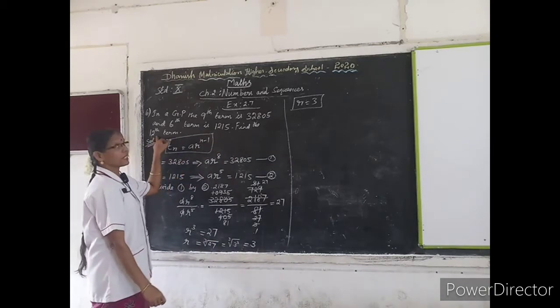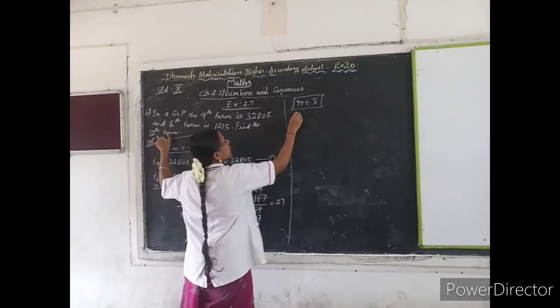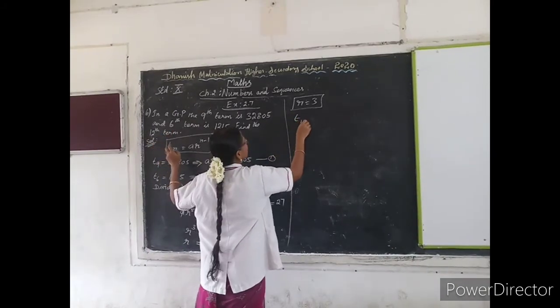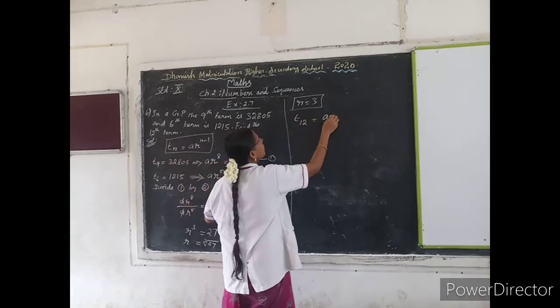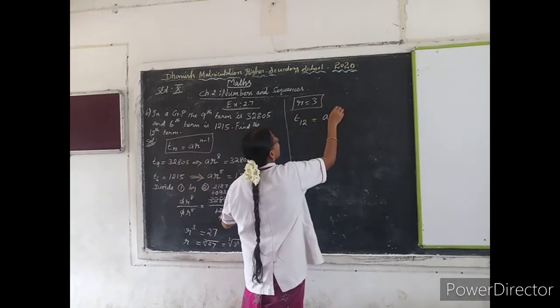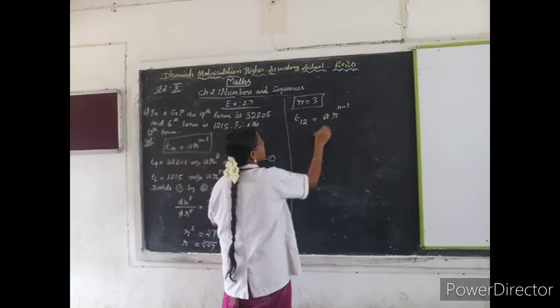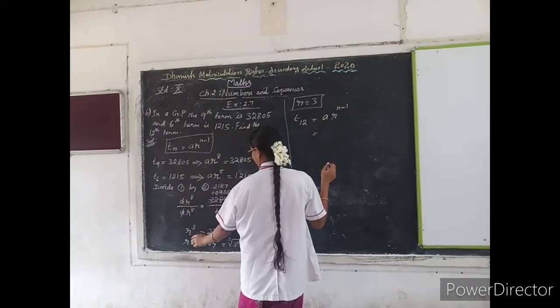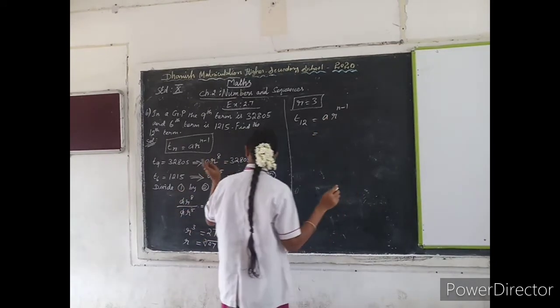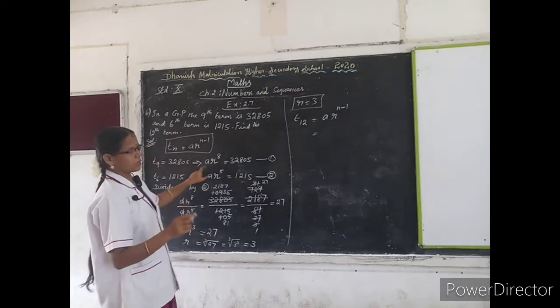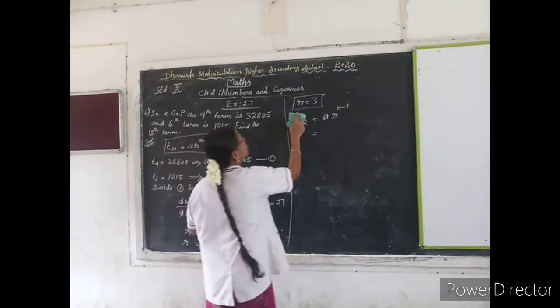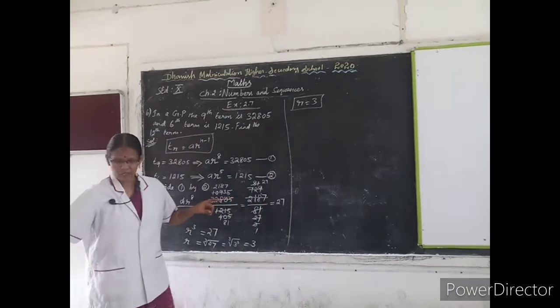Find the 12th term. T12 is equal to A R power n minus 1. Here A is not known. R we only found.